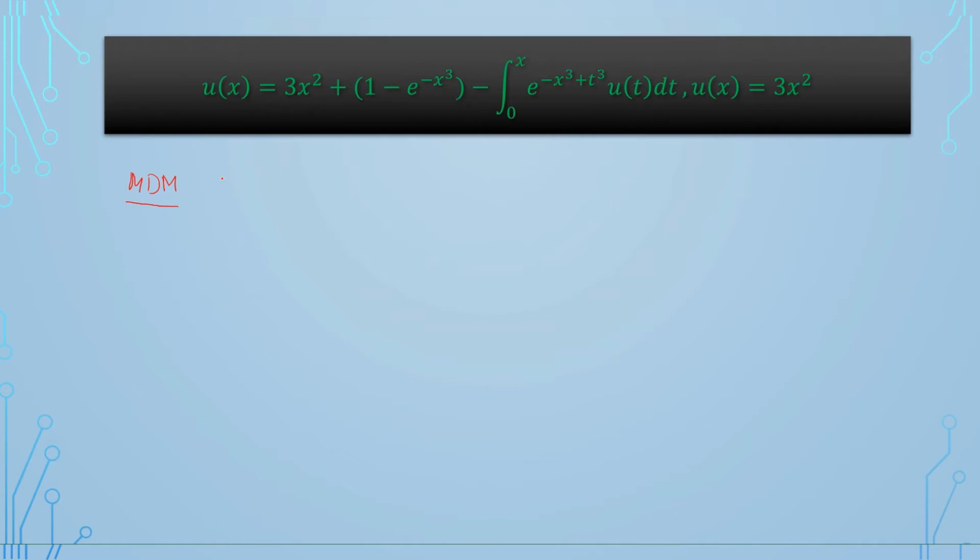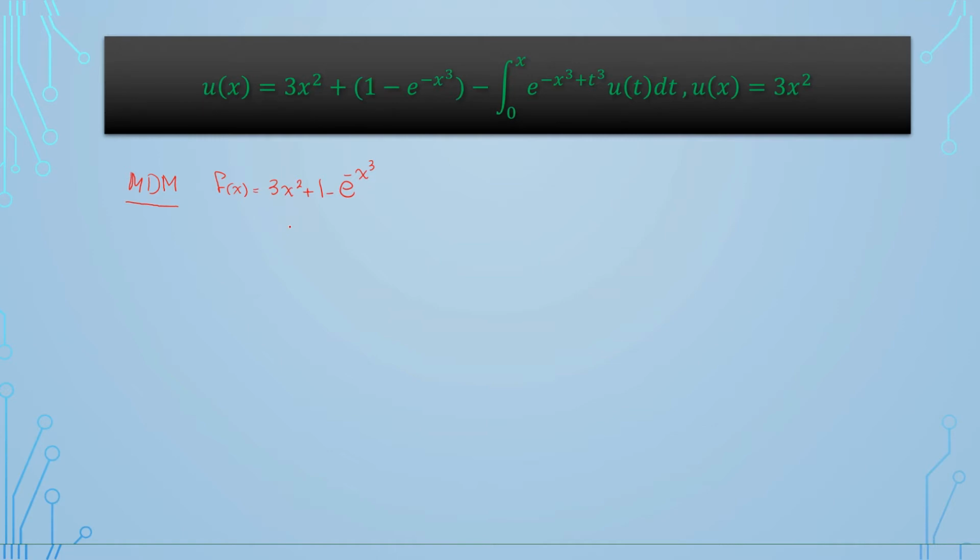First of all, we have f of x equal to 3x squared plus 1 minus e raised to minus x cubed.